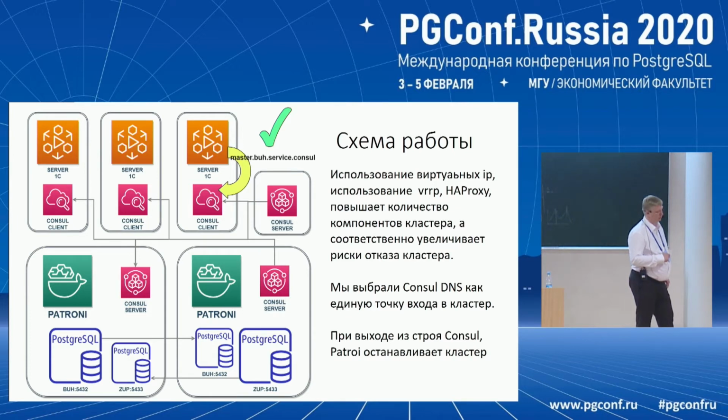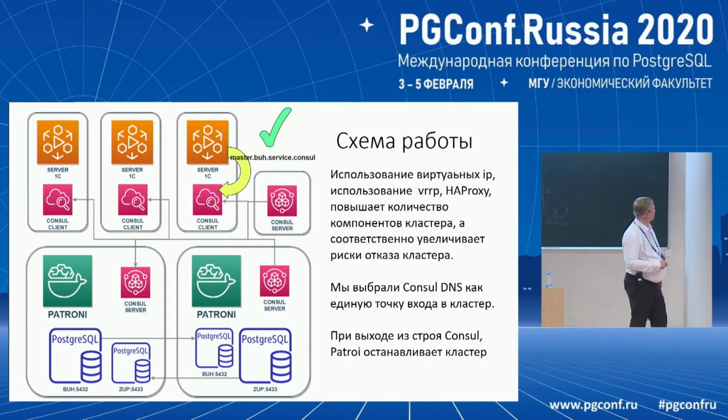The customers get connected through Consul DNS. There is the single point of access, which is Consul DNS. In the DNS server, we indicate master.pgbook.consul, and at this address we can resolve this master for the accounting server.